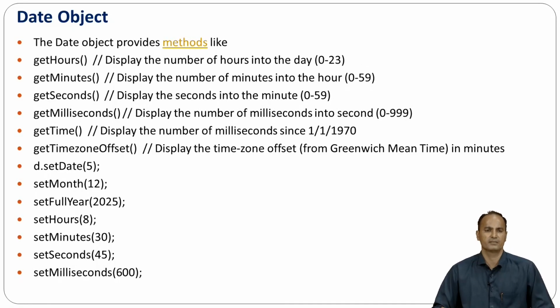Now there are various date object methods available, and we can use those methods to manipulate the date that we have created. Let's have a look at all those methods.